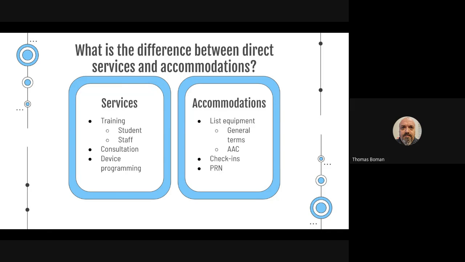So if a kid has spent the last 4 years learning to use ProLoco to Go, they move to a new district and that district starts implementing LAMP. That child is going to have a bigger learning curve and they're going to be set back a little bit versus just having the same program. So I'm not telling you you have to do this, but this is something to think about with a high-tech AAC device so that that child can jump right in and pick up where they left off.